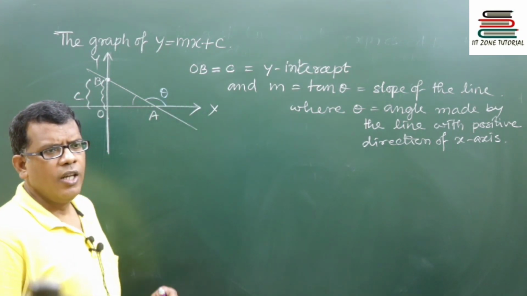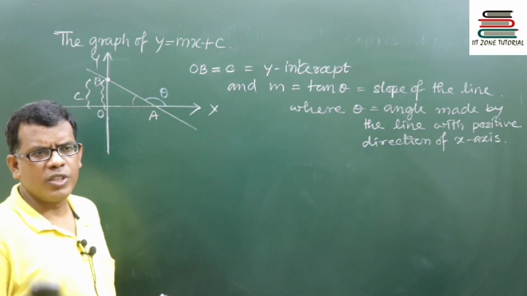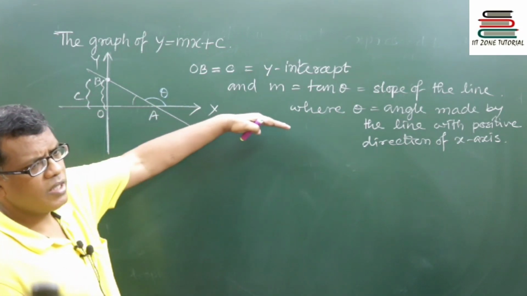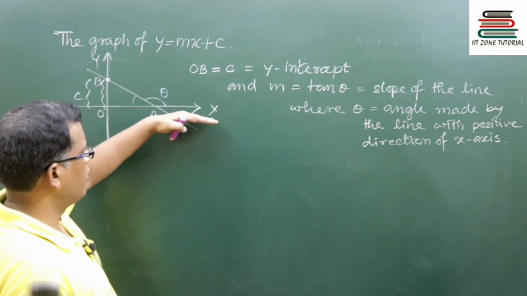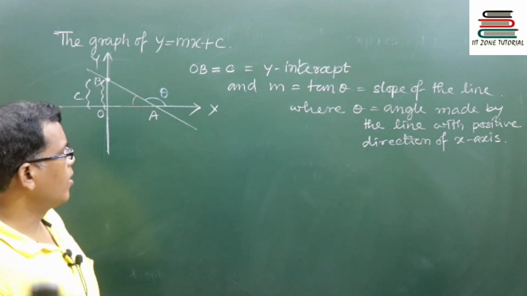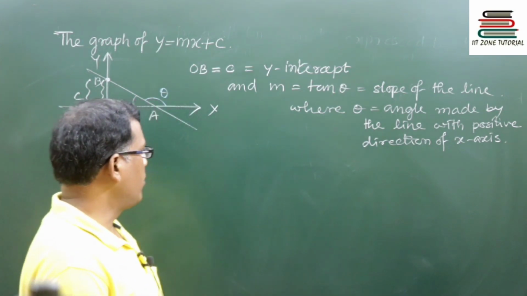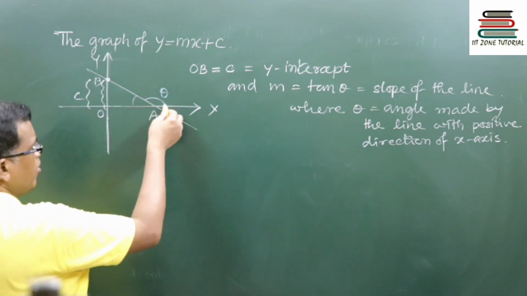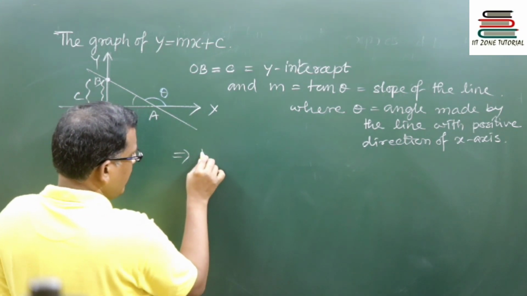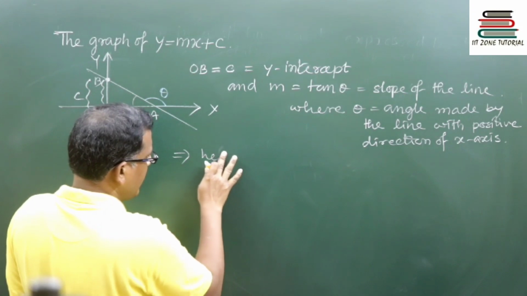So that theta should appear with the positive direction of x axis, isn't it? That is the continuation of the x axis going away from the origin. With that direction, whatever angle appears for the line will be the slope deciding angle. So here it will be tan theta.